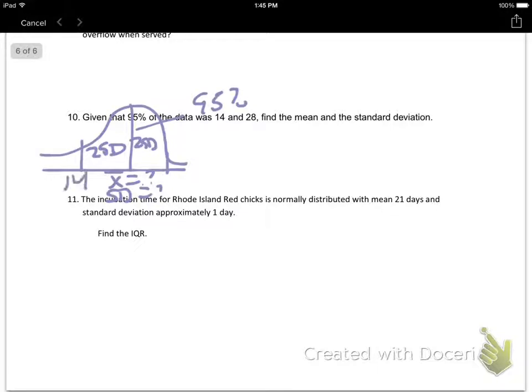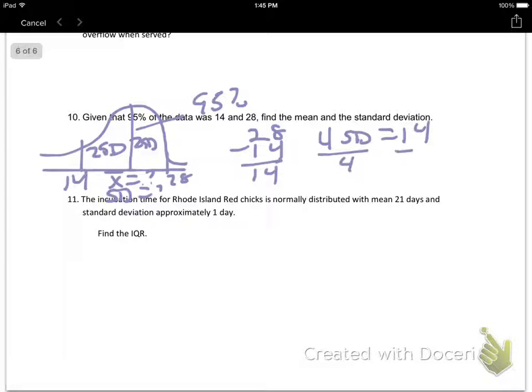And that's going to be 14 and 28. So 28 minus 14 is 14. And so we know that we have 4 standard deviations equal to 14. Divide both sides by 4, and I get 1 standard deviation is going to be 7 over 2, which is 3.5.